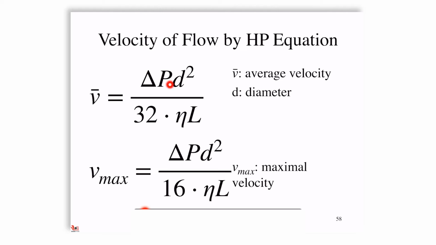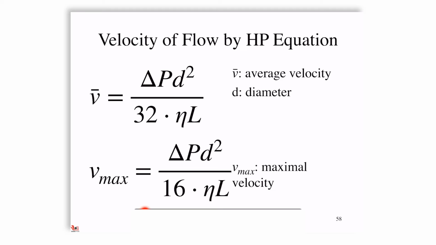So the average velocity is equal to delta P, that is the pressure difference, pressure drop, times the square of the diameter of the pipe upon 32 eta L. Let us just take a look at this equation and ask what does it mean.